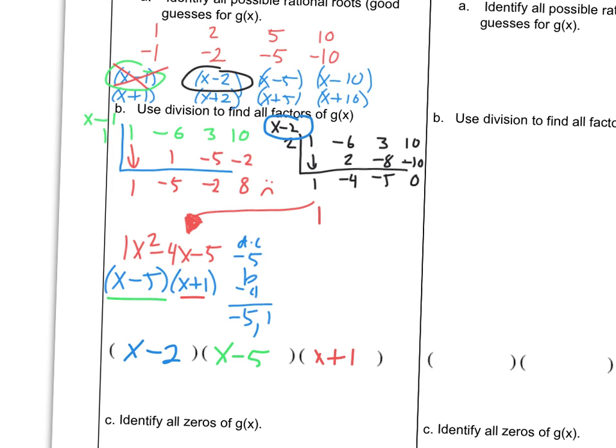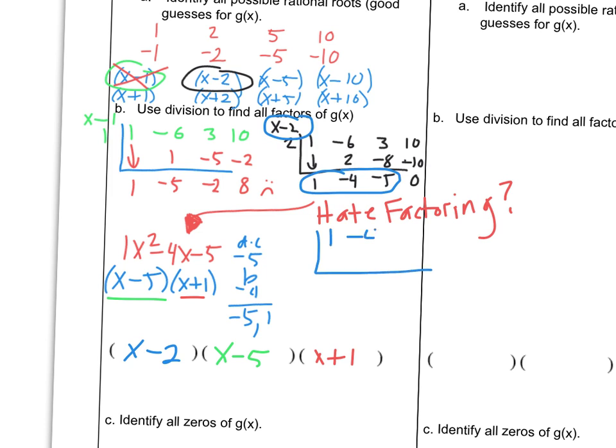If you hate factoring, there's an alternative way to do this. And that's taking the values that we have here and dividing using those. So 1, negative 4, and negative 5. Our new last number is negative 5, so the only numbers to try would be 1 and 5.